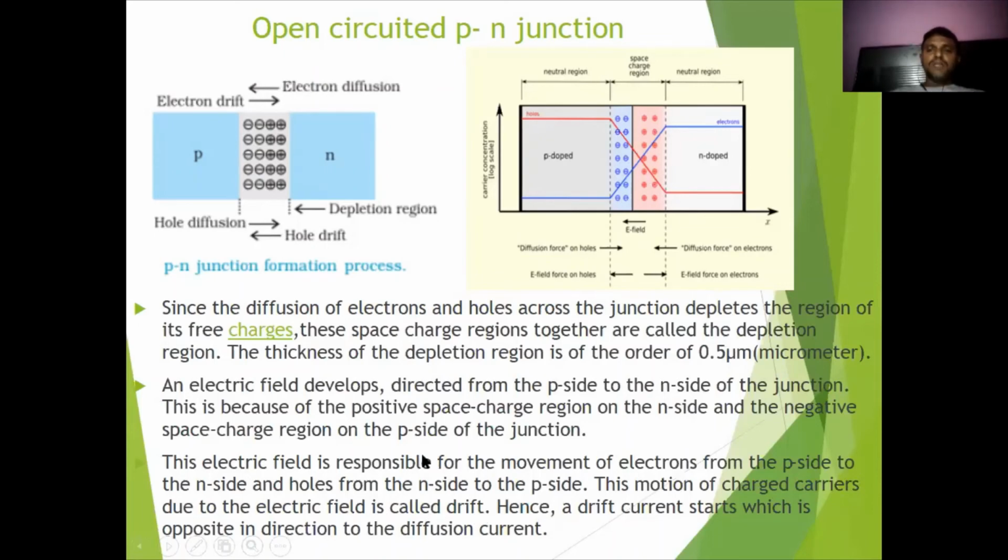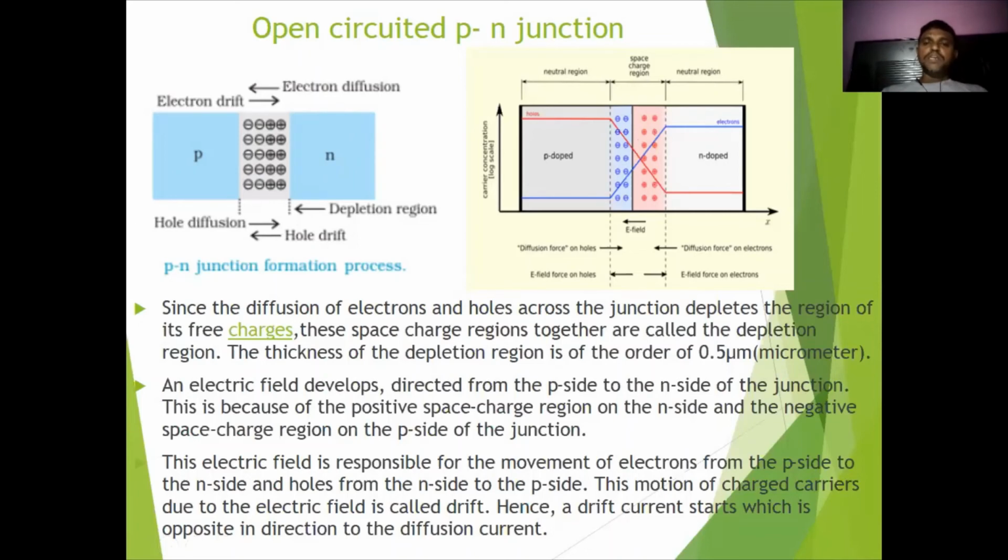Some people think that here we are not applying any external field, then how can you get drift current? Actually, the definition of drift current is that if you apply an external electric field, then there is a motion of charge carriers, and that current is called drift current. But here the inbuilt electric field is the reason for the drift current present in this open circuit condition.